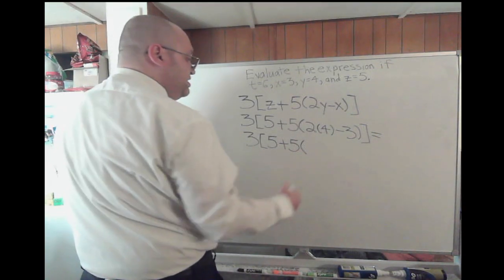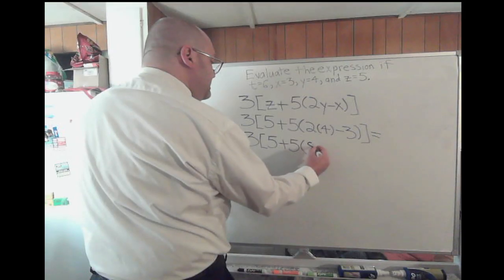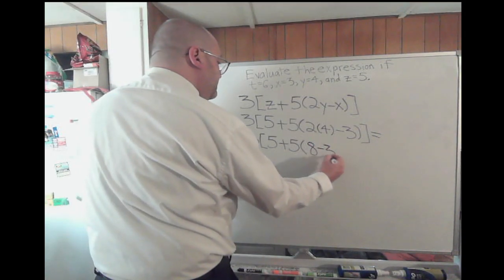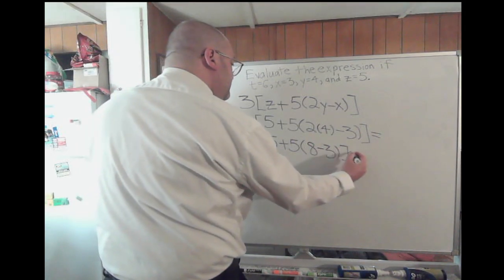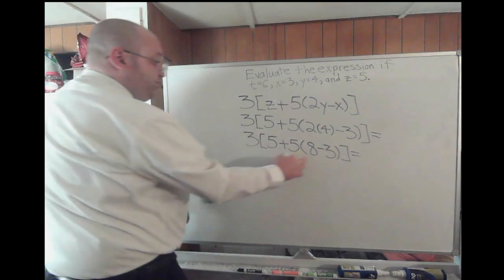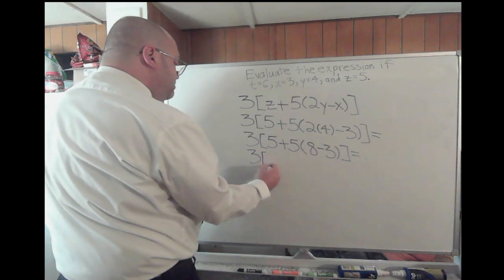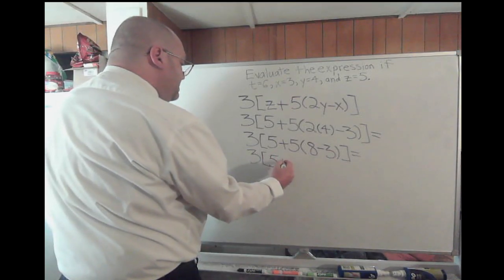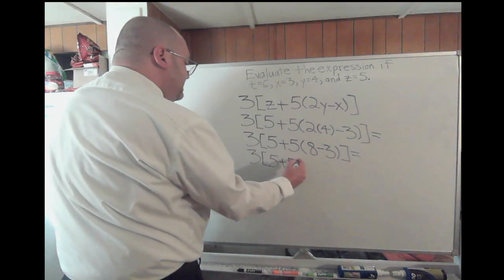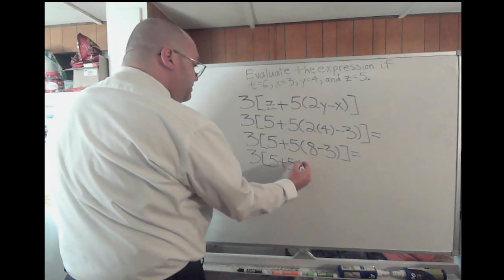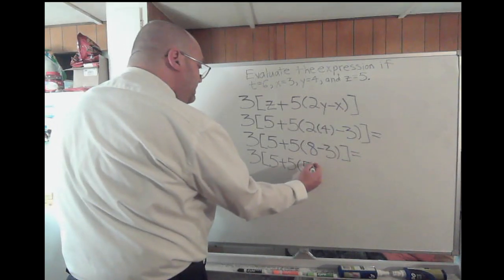Your multiplication comes first, so you'll have 5 times 8 minus 3. Well, we still have nested parentheses to deal with. So you'll have 3 times the quantity of 5 plus 5 times what's in parentheses, 8 minus 3, that's simply 5.